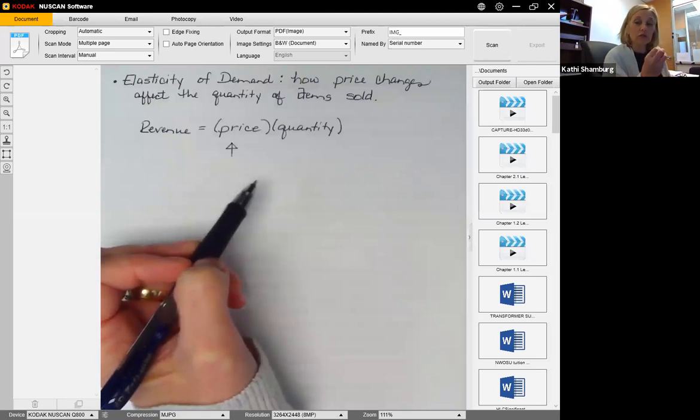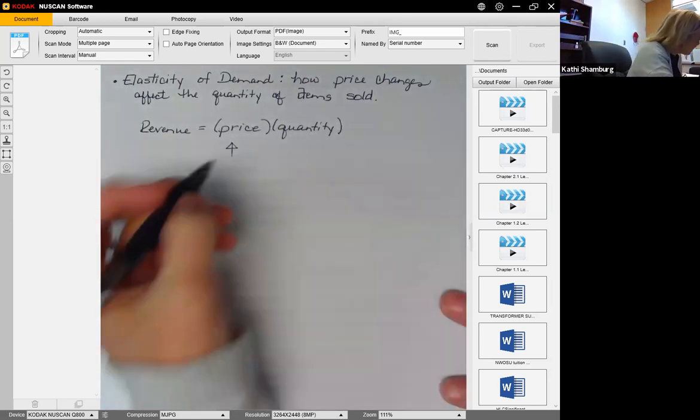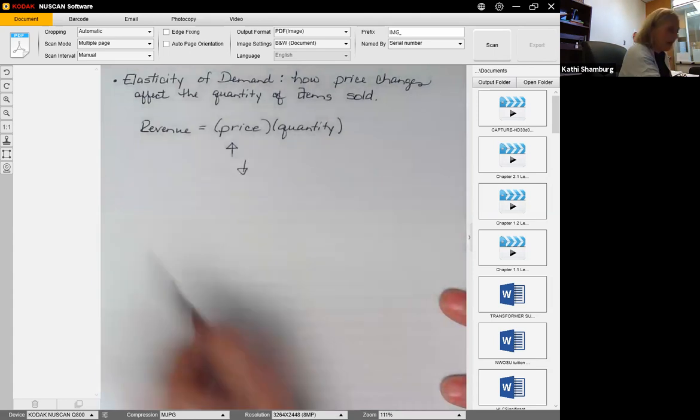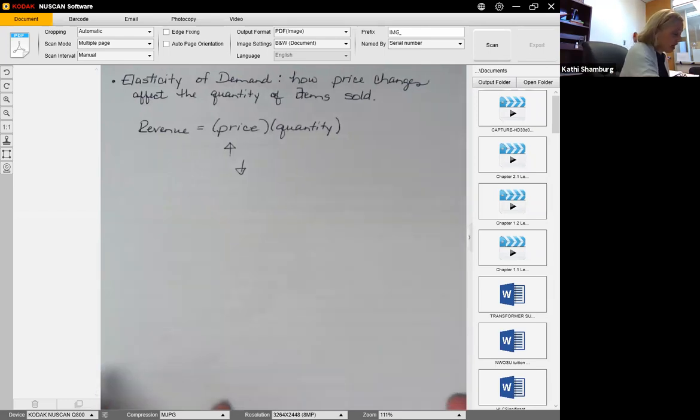But if we don't lose a lot, the increase in the price is going to offset a few lost customers. But if we lose a bunch of customers where they won't buy it anymore, then we have to rethink our decision, okay? Whereas in my Walmart example, rollbacks were decreasing the price. If I decrease the price, will I sell more? That's what they're hoping for. How many more? Is it worth the loss in revenue? Those are the things that companies consider when they're looking at any price change.